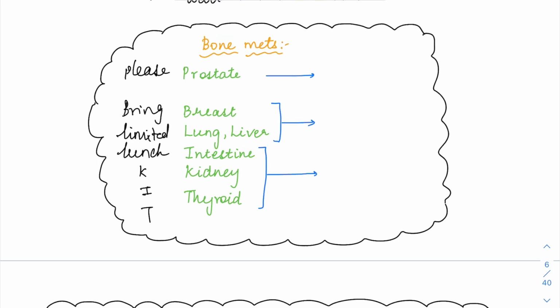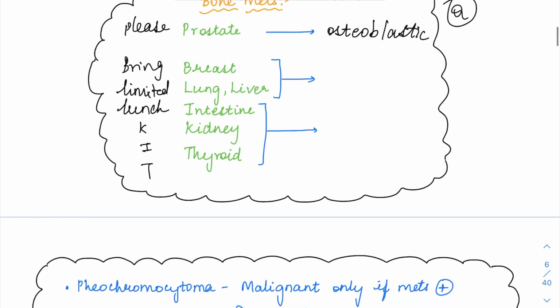Please is for prostate cancer. Prostate cancer usually involves the bone and it is going to be an osteoblastic metastasis. It is a bone forming metastasis. It's very important. While breast, lung and liver cancers are going to be both osteoblastic and osteolytic.